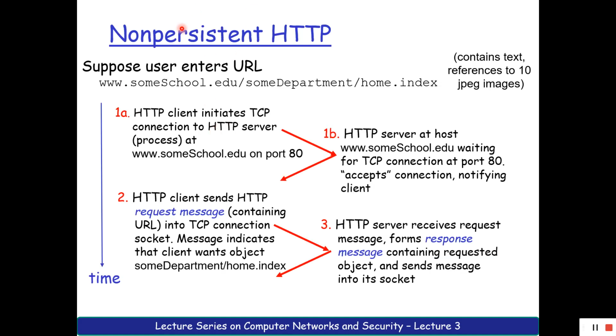When you consider non-persistent connections, let us consider that you have a URL, that is www.someschool.edu/department/home.index. You want this particular file to open in your browser. If you type this, your file is going to open, because it is a URL.